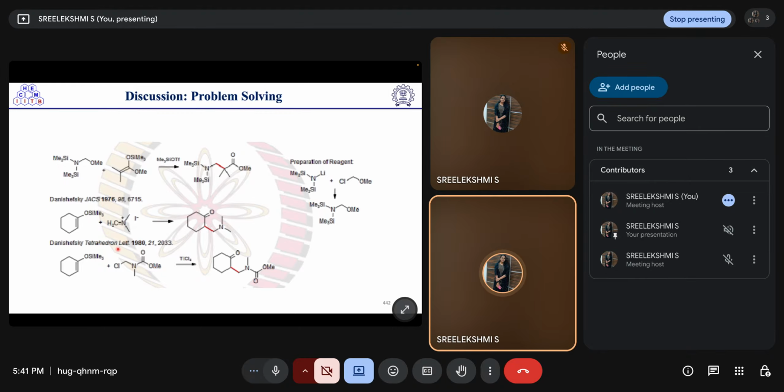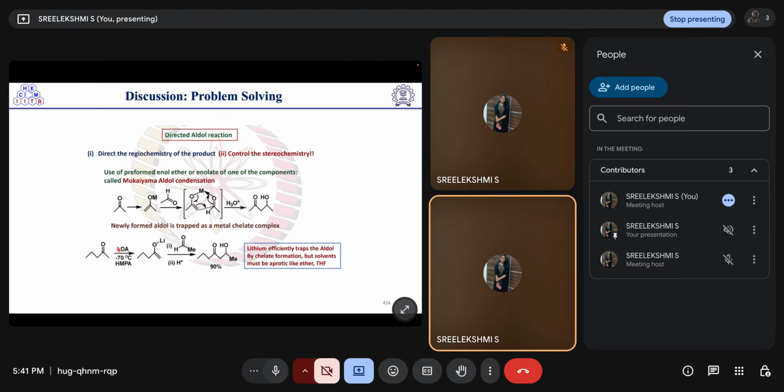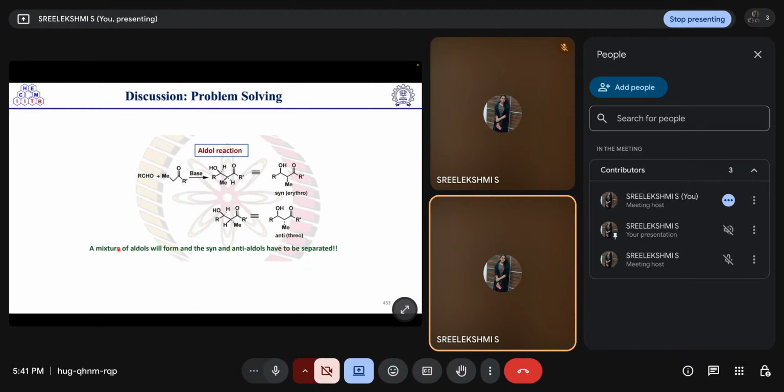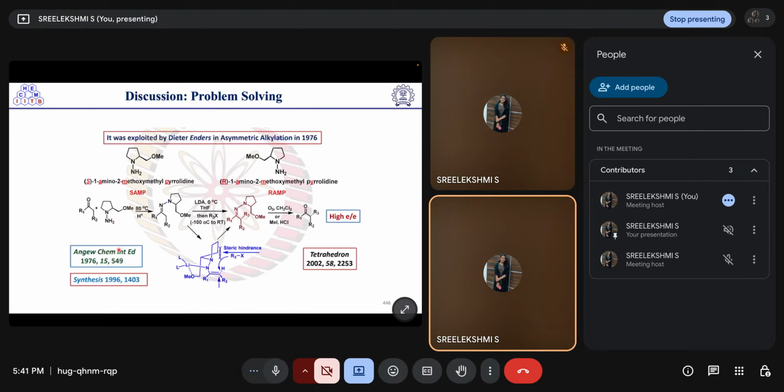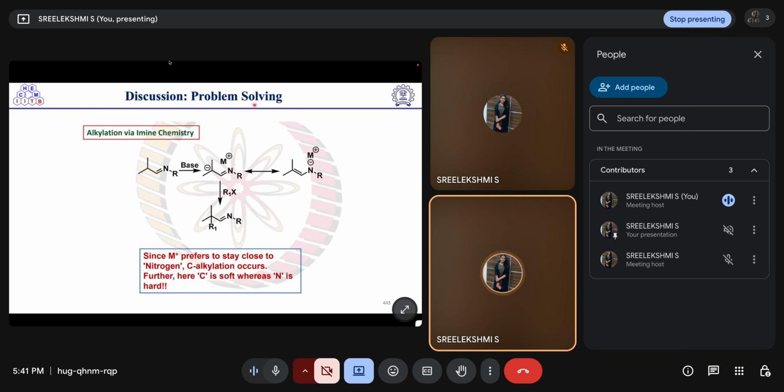Now, similarly, these are some more examples for that. Now, if we see the alkylation via imine chemistry, from this imine also this alpha proton is acidic and that base can abstract that proton to form this intermediate.